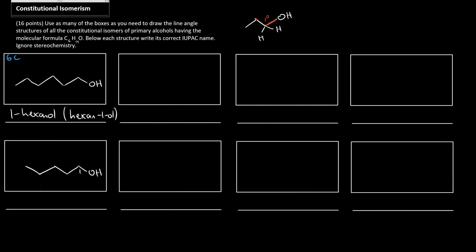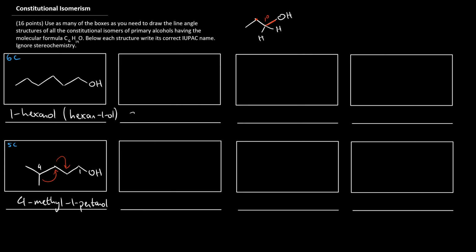Here I can start by putting the methyl group on carbon 4. The way to properly name this according to IUPAC is 4-methyl-1-pentanol. We can also move this methyl group around, so even though it is bound to carbon 4, we can move it to 3, and then to 2, so we can draw those structures out as well.